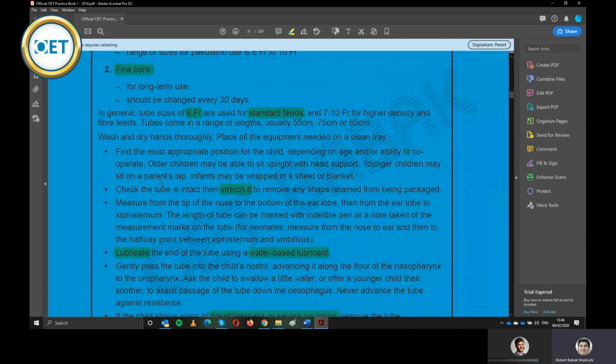Yes. Okay, so sizes of this, high density tubes come in a range of lengths. Okay.